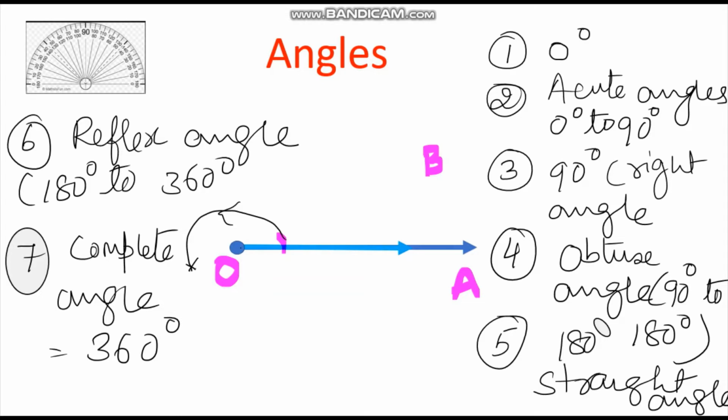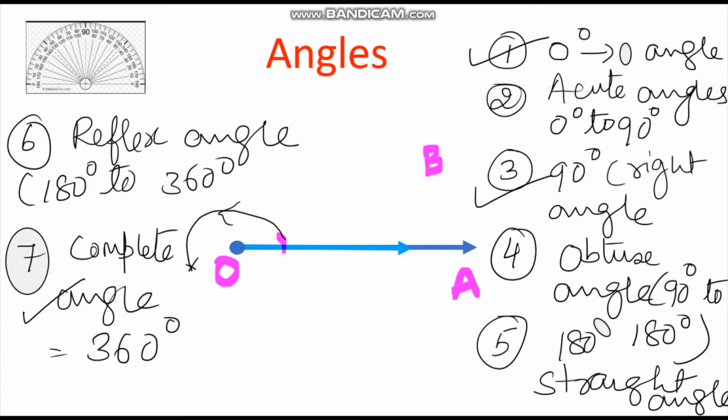Now children, see, first number is 0 degree, your third number is 90 degree, and your seventh number is 360 degree. 0 degree is zero angle, 90 degree is right angle, 360 degree is complete angle. But for the rest three, acute angle is between 0 and 90.